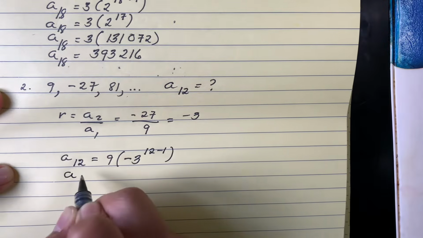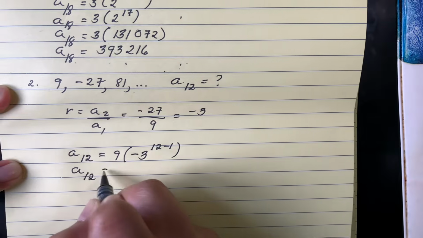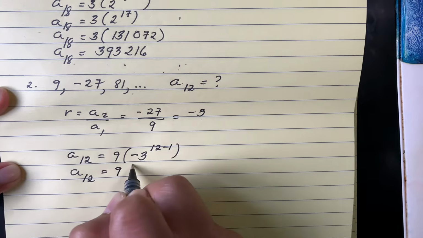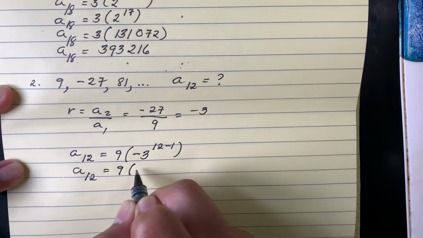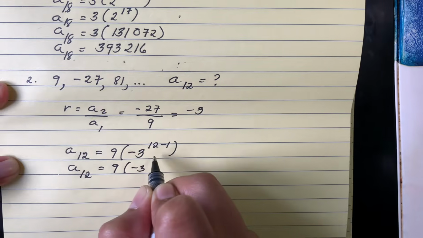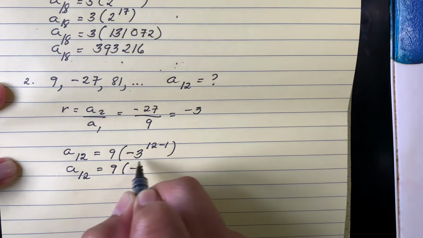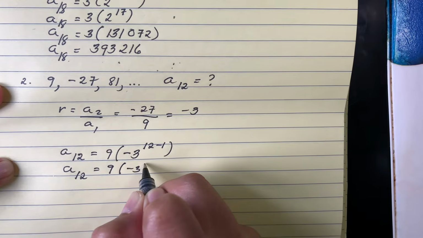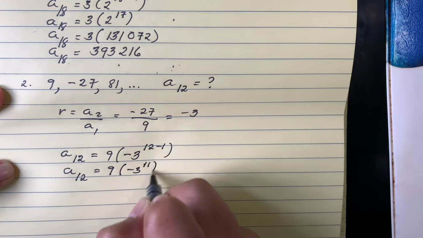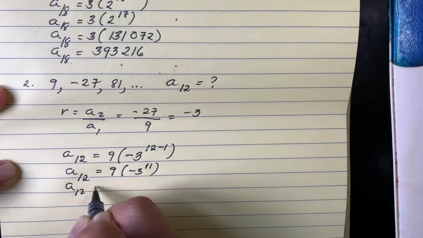So we have a sub 12, our 12th term, 9 times negative 3 with 12 minus 1 as exponent of your base negative 3. We have here 11.